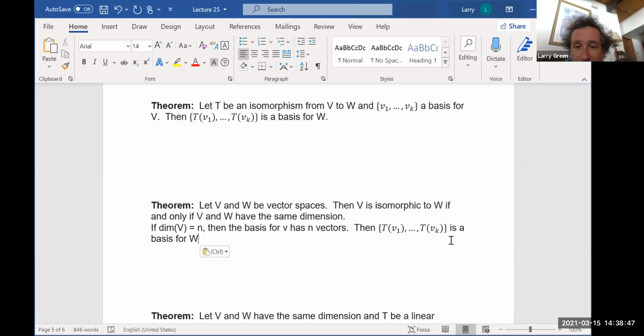So that means they're isomorphic because we just found the transformation. And you should say T of V1 equals W1, and T of VK equals WK. You can always just do that.